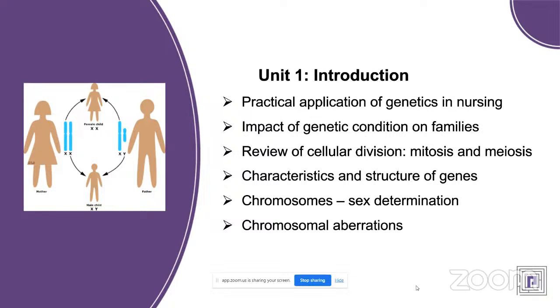All these can affect the families of the patients. Then review of cellular division. There are two types of division, right? Mitosis and meiosis. And what are the characteristics and structure of genes, normal genes? And what are chromosomes, sex determination and chromosomal aberrations?